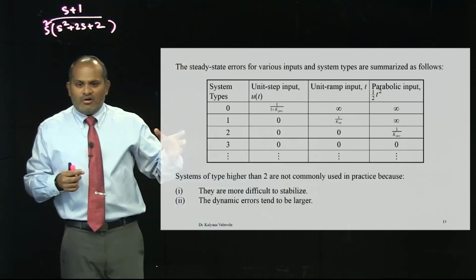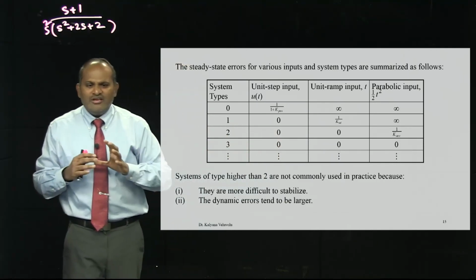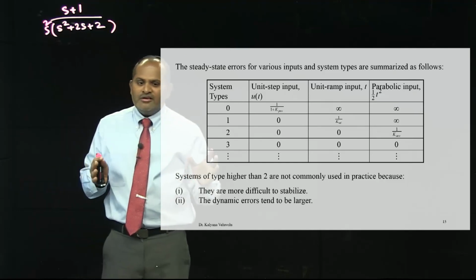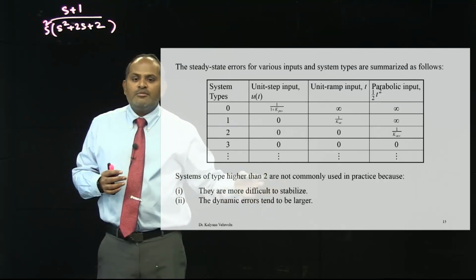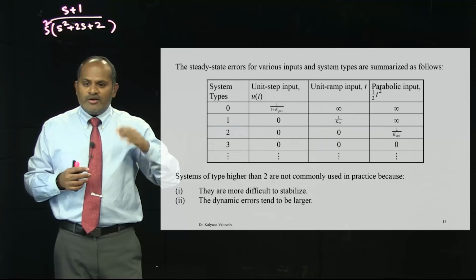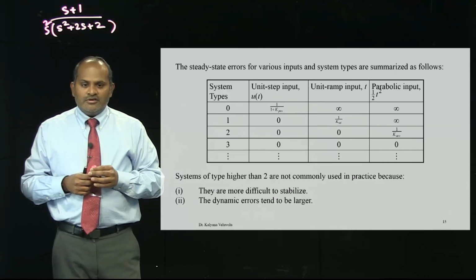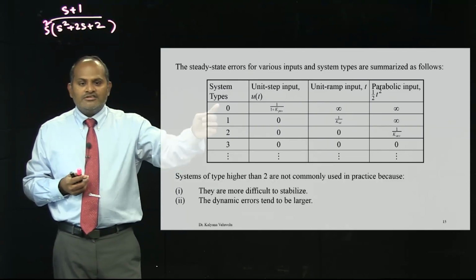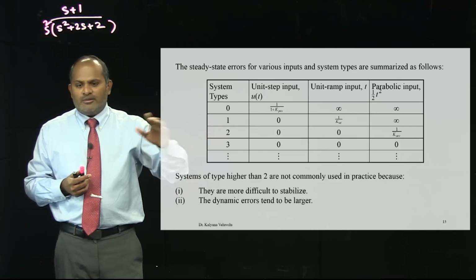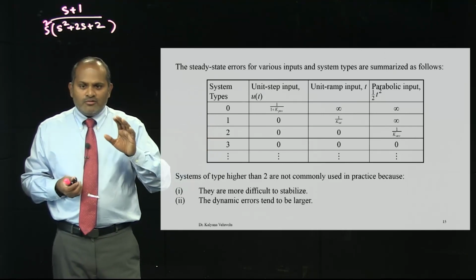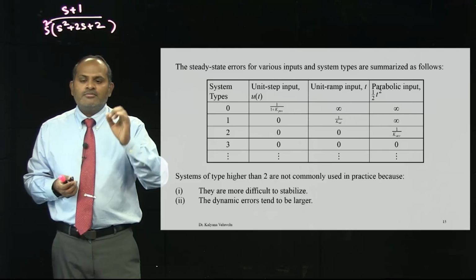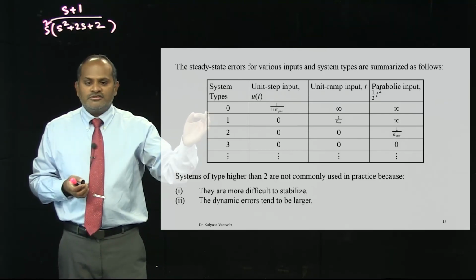Systems having a type higher than 2 are very uncommon and really difficult to stabilize, and their dynamic errors can be very large because they are highly dynamic systems. That is the reason we only study type 0, type 1 and type 2 systems.